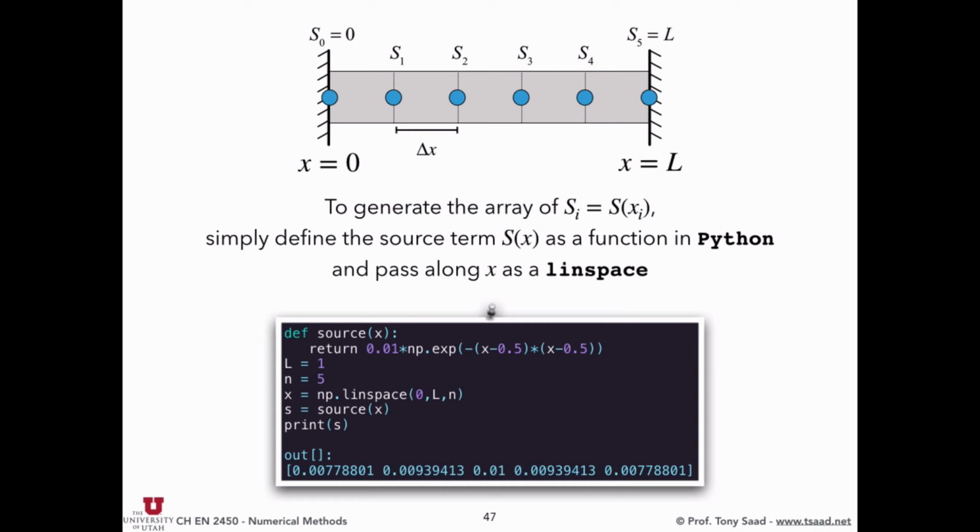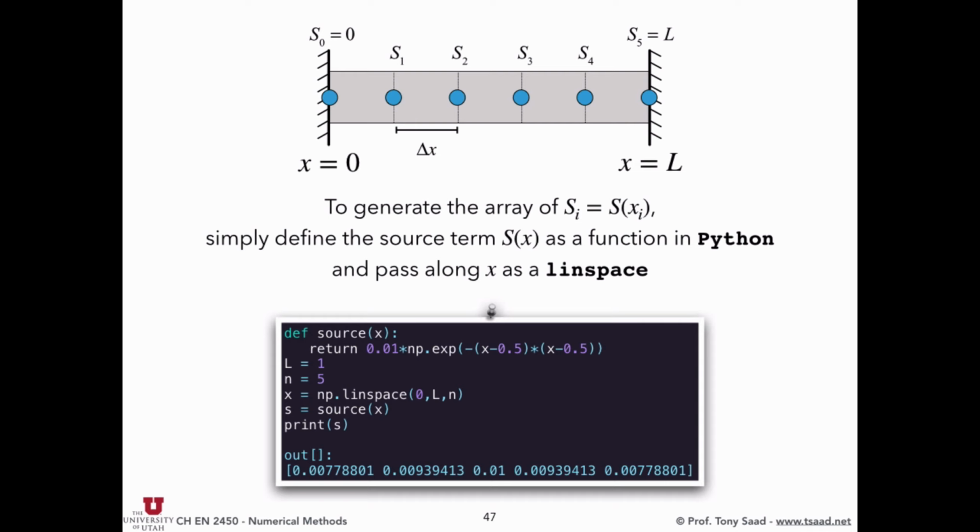Again, you create a linear space for x. No, first you define your source term. In this case, let's say 0.01 e to the minus (x minus 0.5) squared. That's a distribution, some type of Gaussian distribution of heat along the rod, centered in the middle of the rod. The rod's length is 1, and there are 5 points.